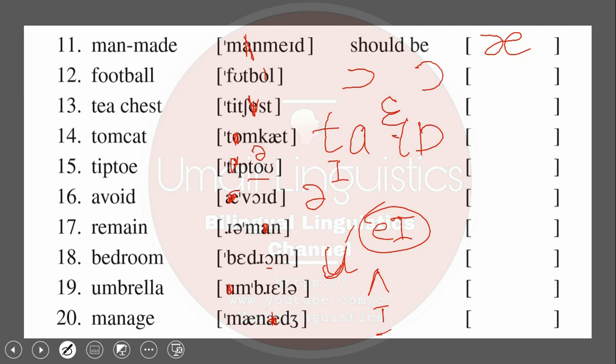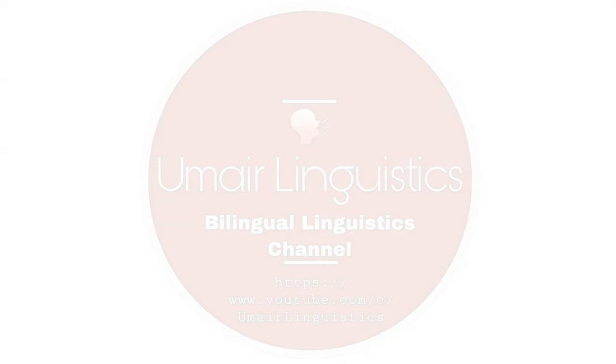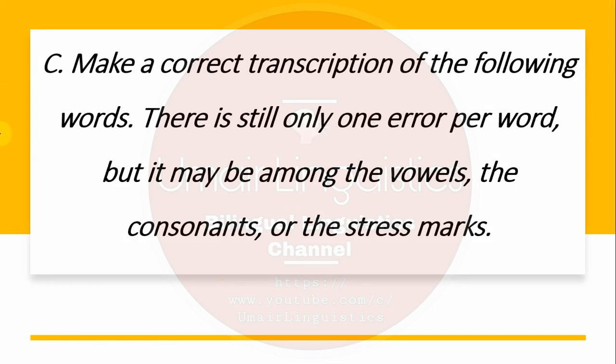I hope you have understood these two exercises clearly. Now move forward to the third exercise. Make a correct transcription of the following words. There is only one error per word, but it may be among the vowels, the consonants, or the stress marks.